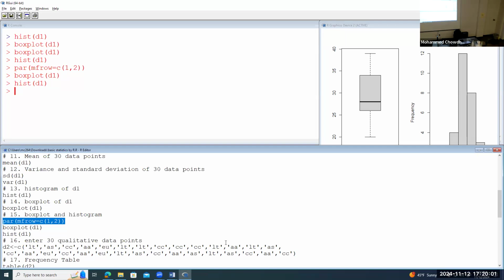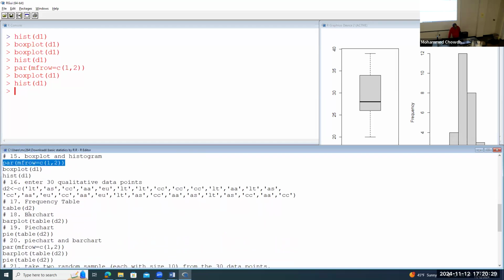That means one row and two columns, okay? Are you seeing one row and two columns? Then you put the C, to concatenate one and two, one row and two columns. So these are the two figures for the quantitative variable.